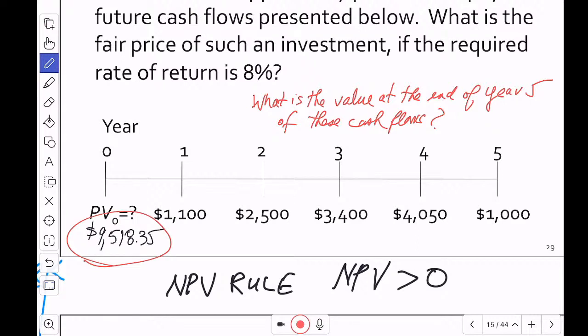How would you figure that out? What's the fastest way to figure that out?